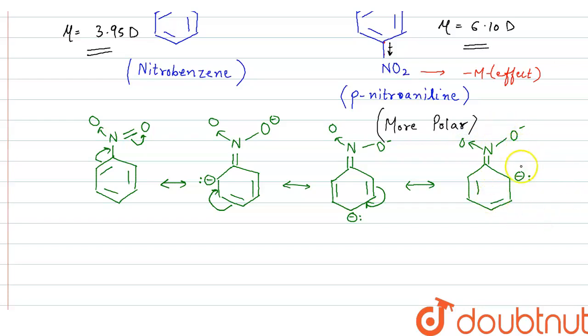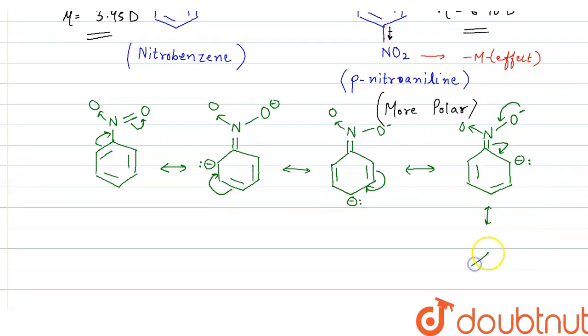Then what happens in the next structure? Now we have a double bond here, so the pi electrons of this double bond come here, and again we have this negative charge, and the next structure will be a double bond here, and here nitrogen, double bond O, and here oxygen.